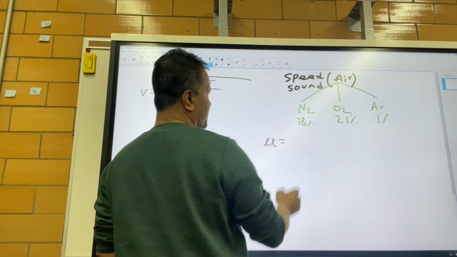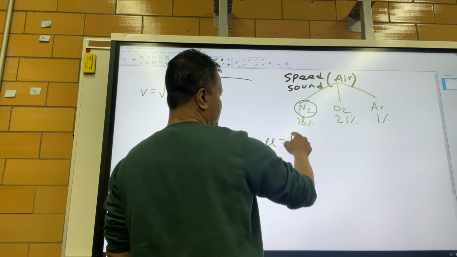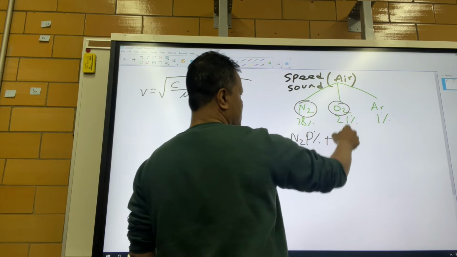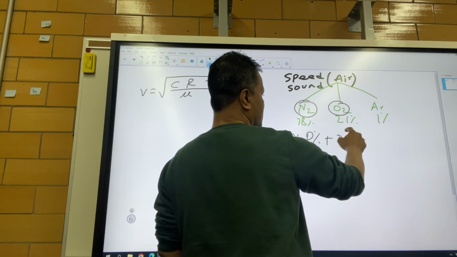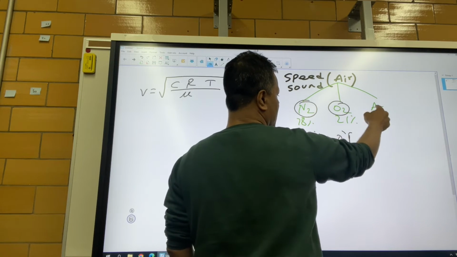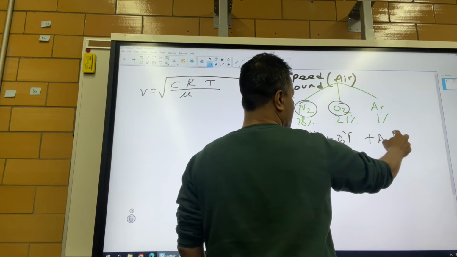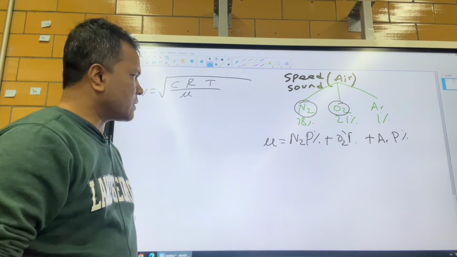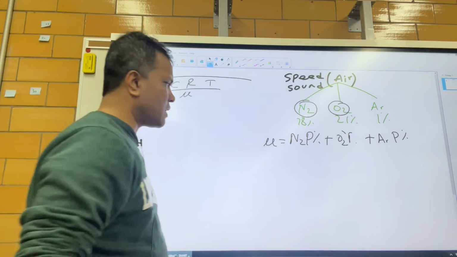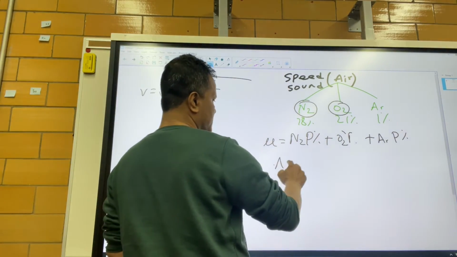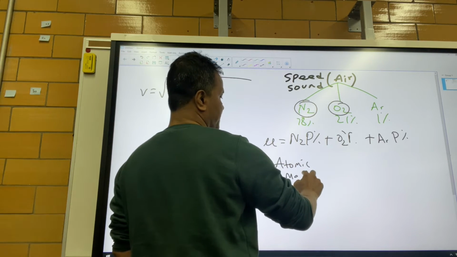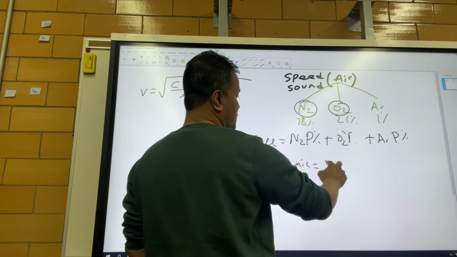Molar mass would be nitrogen gas percent plus oxygen gas percent plus argon percent. Now for nitrogen gas, we have to know the atomic mass. So how can we find the atomic mass? Atomic mass is equal to number of protons plus neutrons.